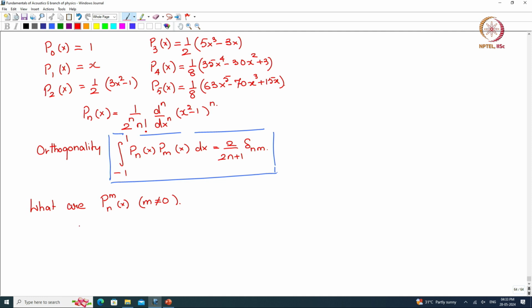So they are: Pmn of x is minus 1 to the power m, 1 minus x square to the power m by 2, dm by dxm of Pn of x.